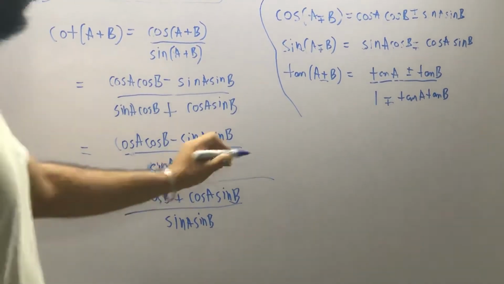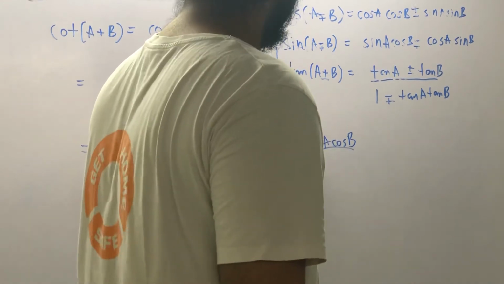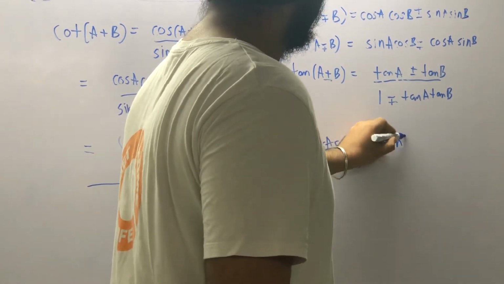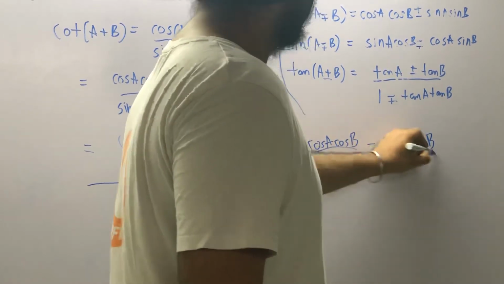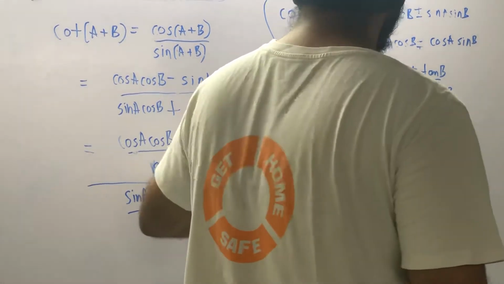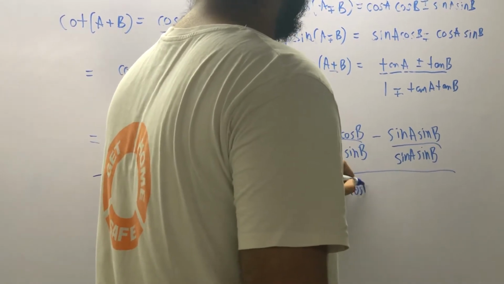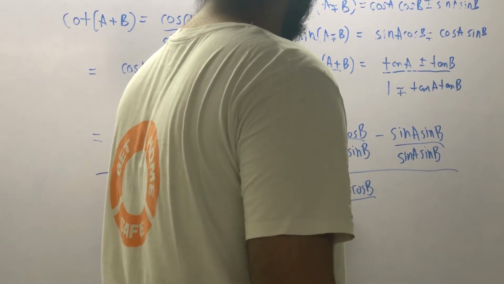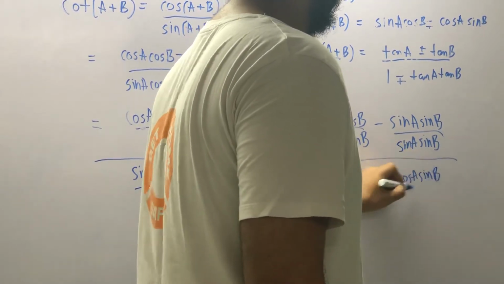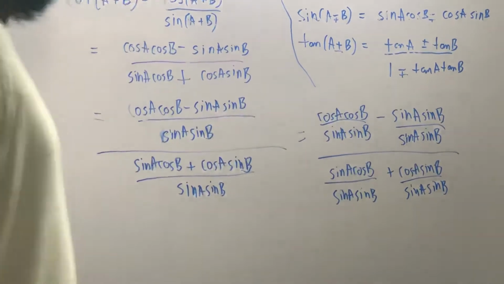So what I will get is cos A cos B divided by sin A sin B, minus sin A sin B upon sin A sin B. So this is what the expression will look like.